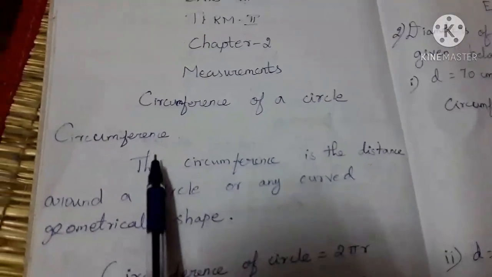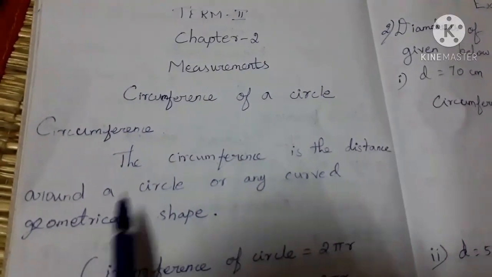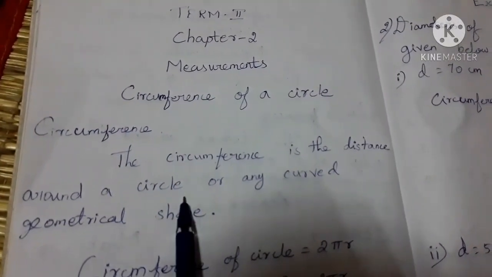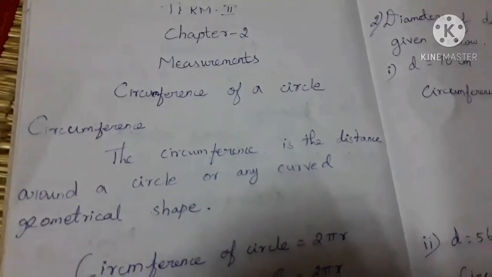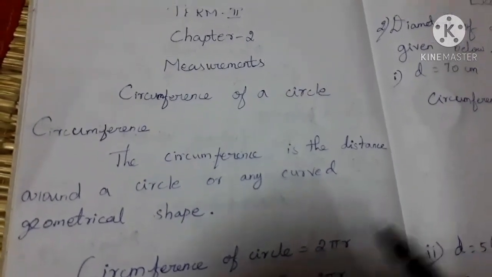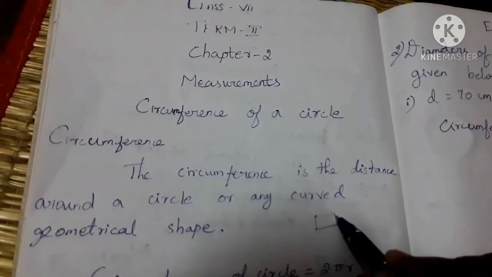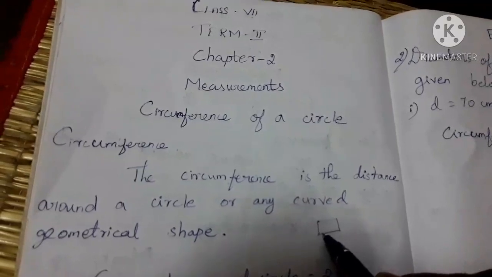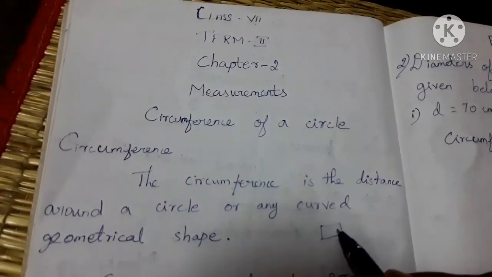What is the meaning of circumference? The circumference is the distance around a circle or any curved geometrical shape. In a rectangle and a square, we find the length around and call it the perimeter of the rectangle, perimeter of a square.